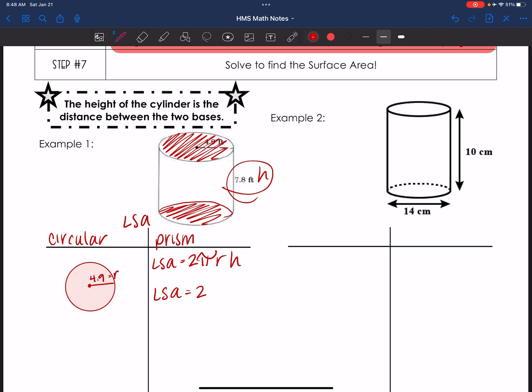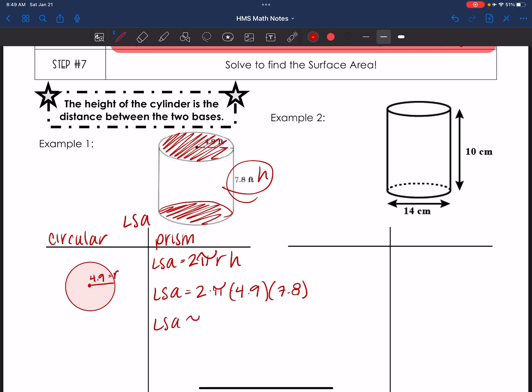2, and then I'm going to hit the pi button on my calculator, times pi, times 4.9, times 7.8, which comes out to about 240 feet.